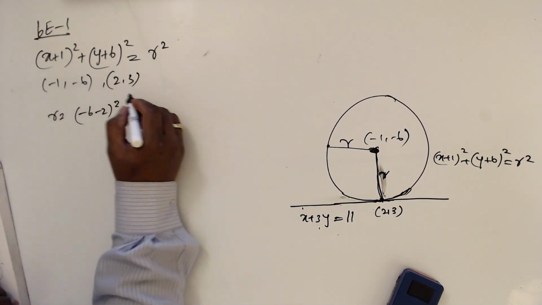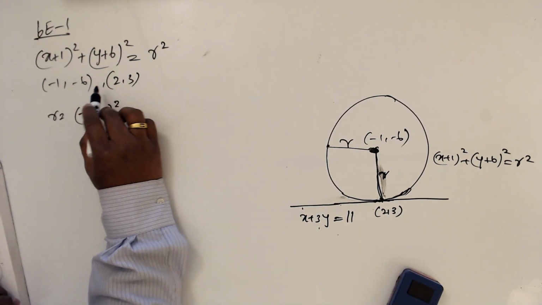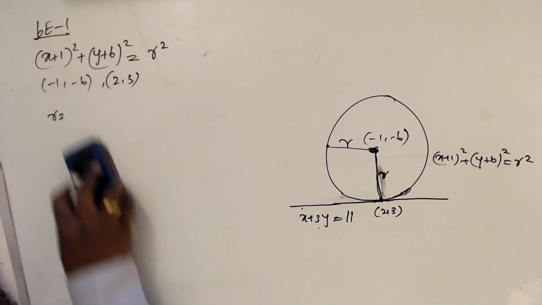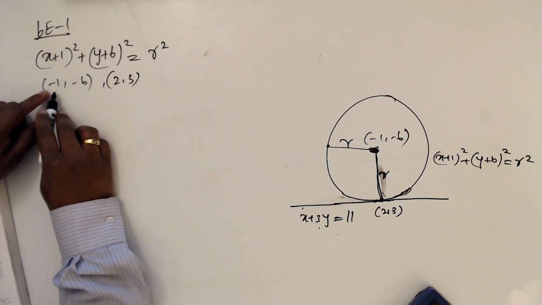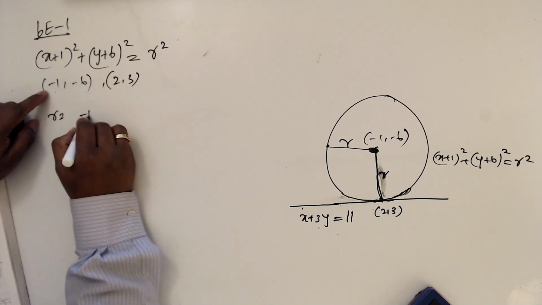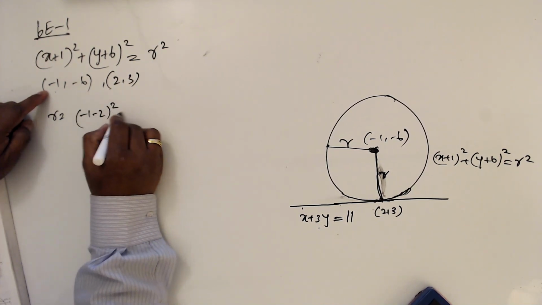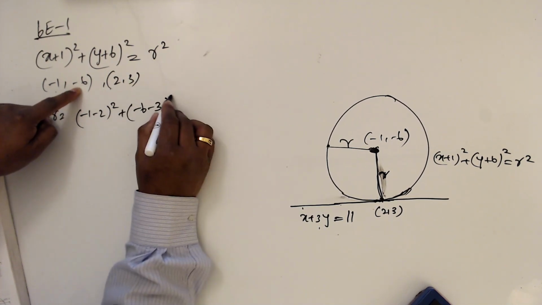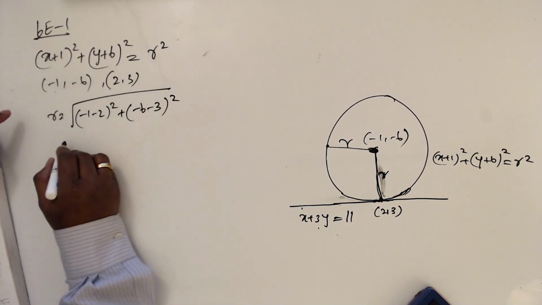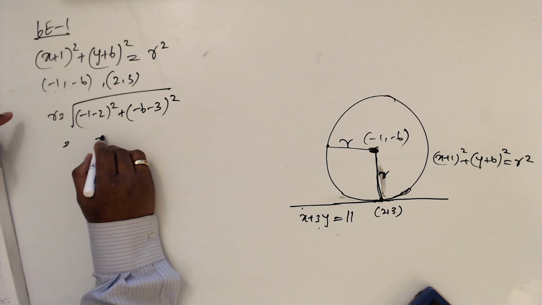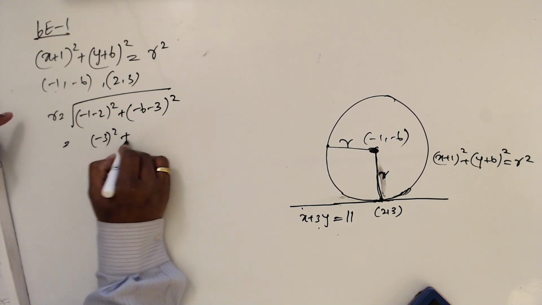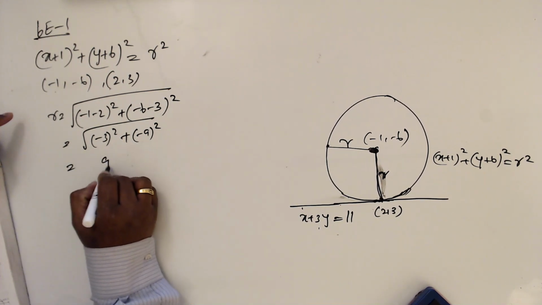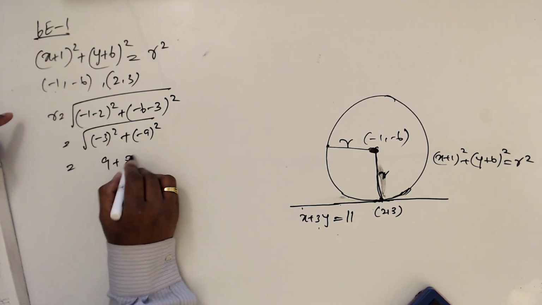So x1 minus x2 is -1 minus 2, squared, plus y1 minus y2, squared, all under the square root. So this is (-3) squared and this is (-9) squared. This is 9 and this is 81.